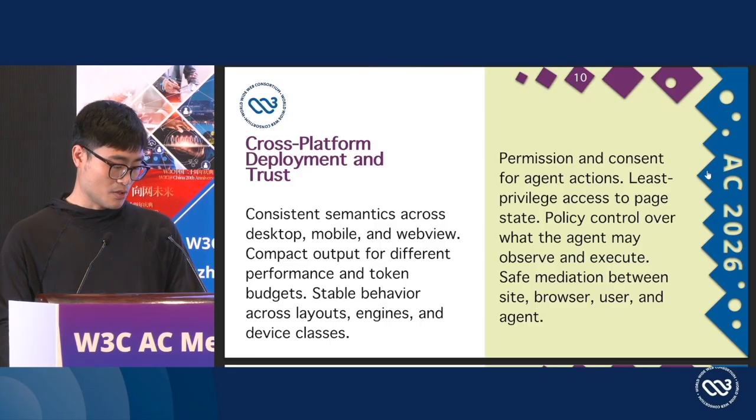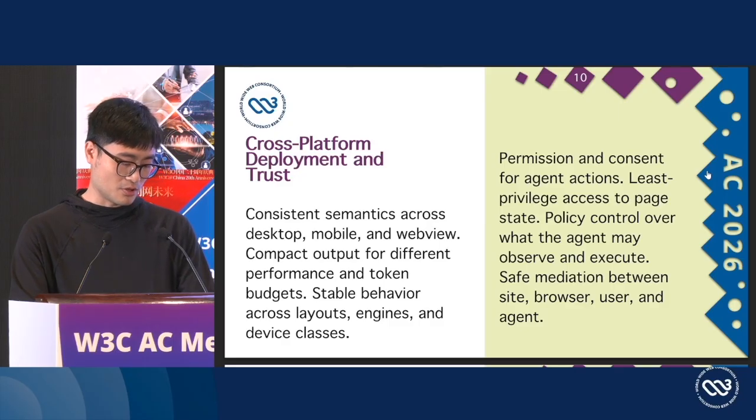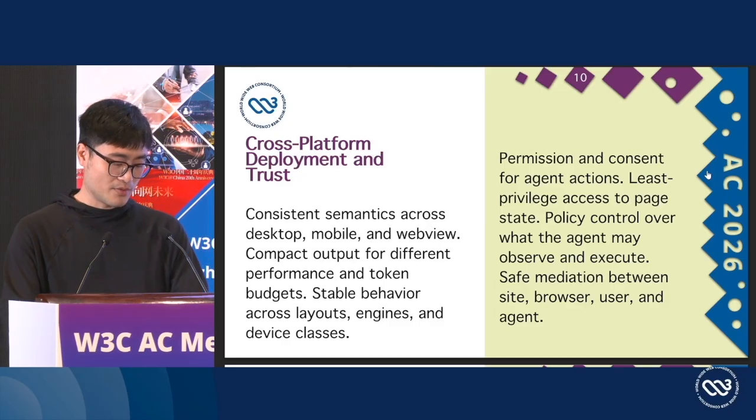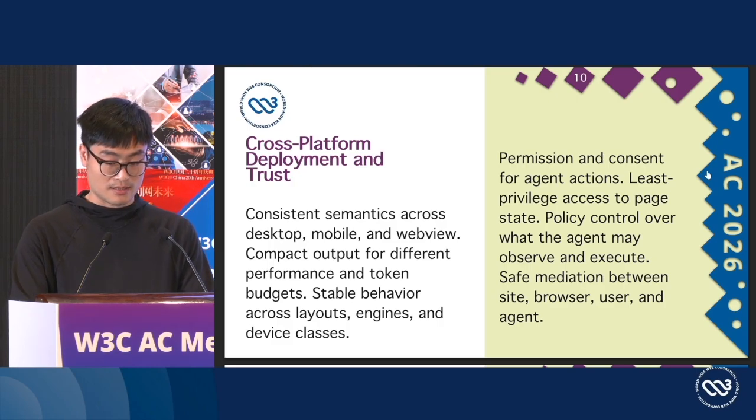If it exposes agent-facing capability, it also has to enforce permission, consent, least privilege, and policy over what the agent can observe and invoke. So cross-platform consistency and trust are not secondary concerns. They're part of the design from the start.